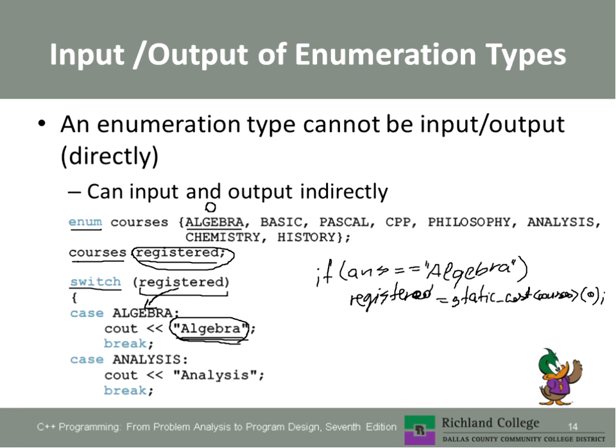You might see it as much easier, but that's not our goal. Our goal here is, you see, 0 might mean algebra in this program, but maybe in another program algebra would be 5.